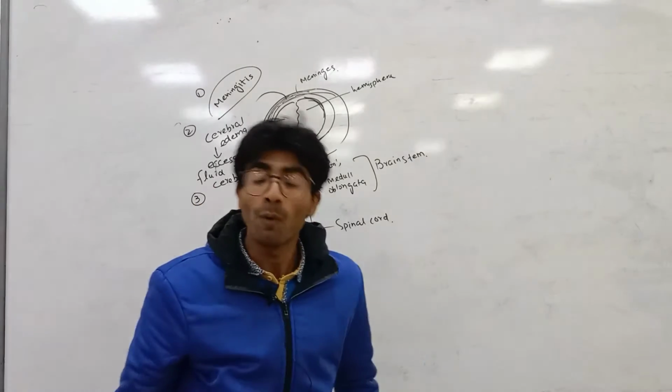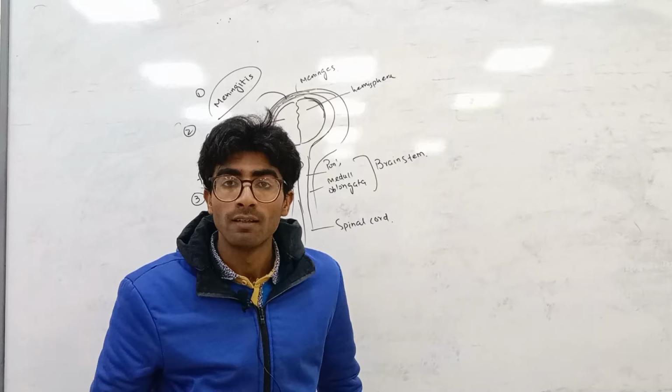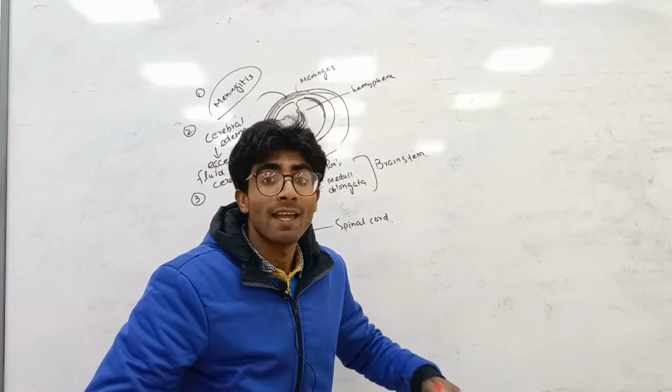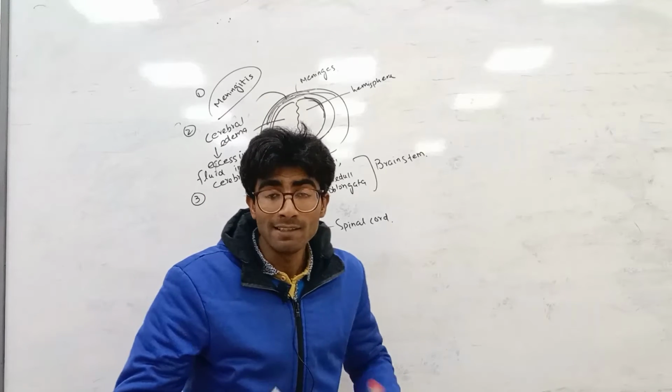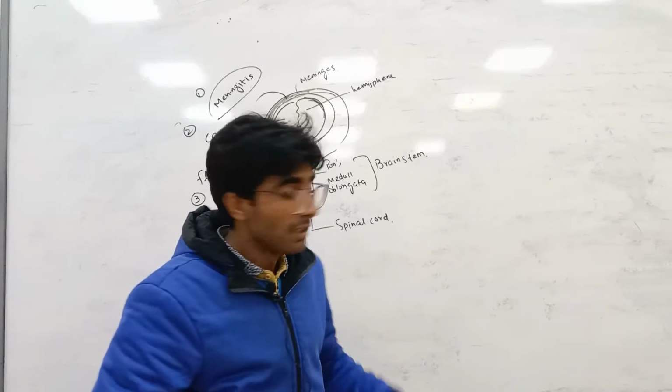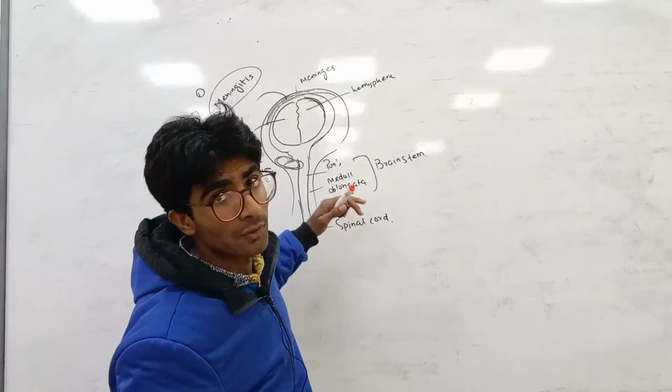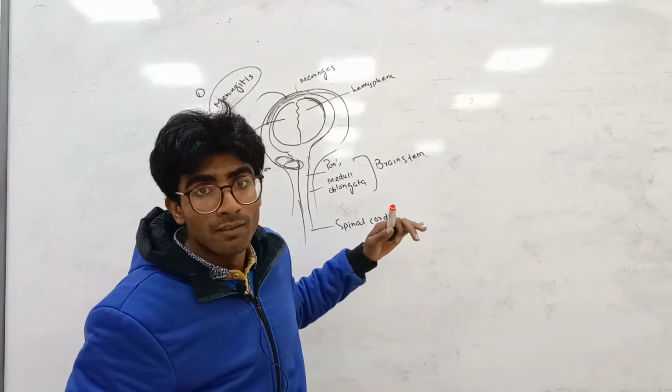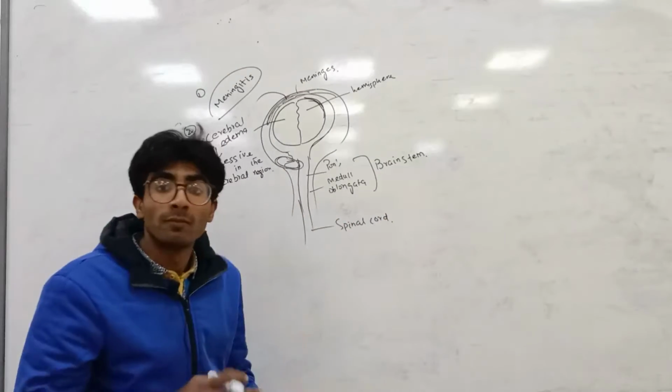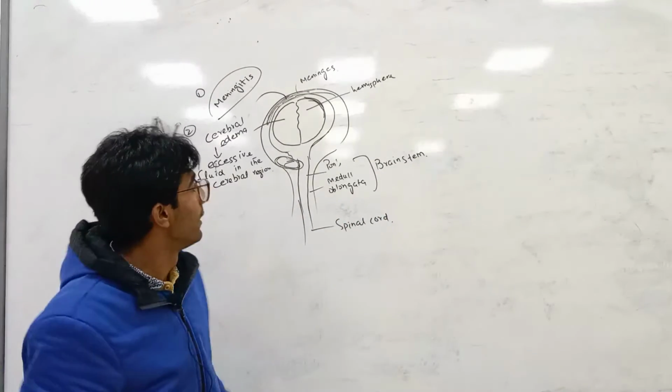Hydrocephalus. What is hydrocephalus? Guys, when there is extra fluid, the concentration of fluid increases in the ventricular area of the brain. Okay, what is the ventricular area?